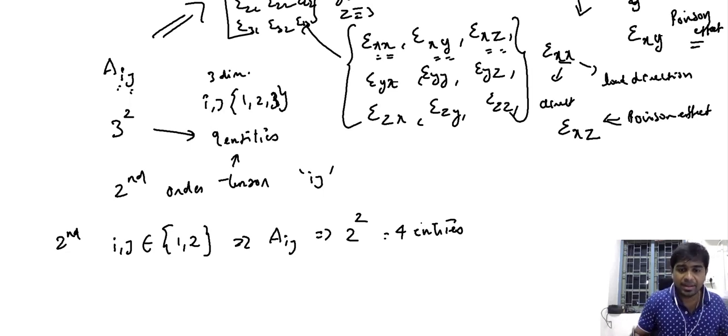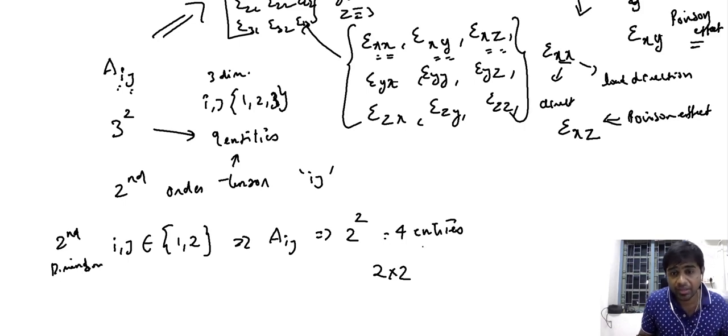So the matrix will be a 2 cross 2 matrix, and the second order tensor in 2 dimensions can assume 4 different entries. So the second order tensor in 3 dimensions has 9 entries, and in 2 dimensions has 4 entries, so it is 2 square here, and 3 square there.